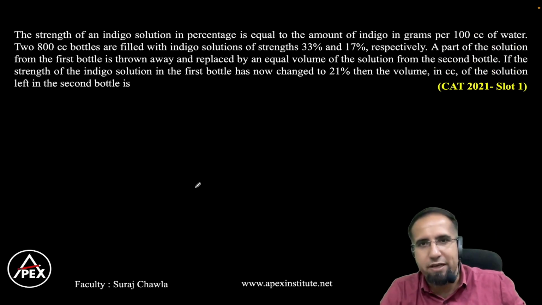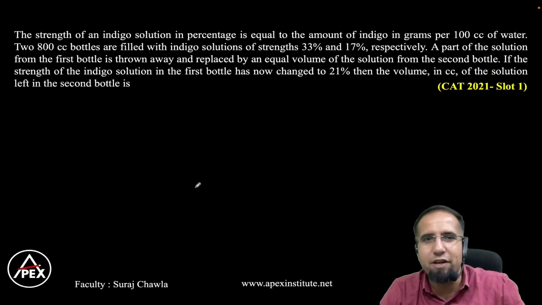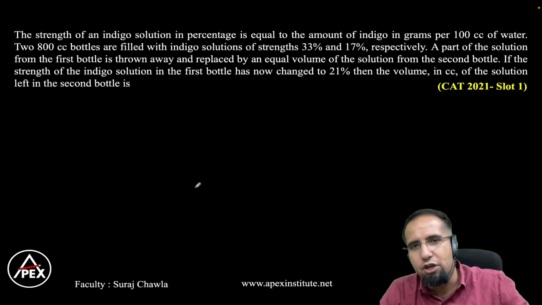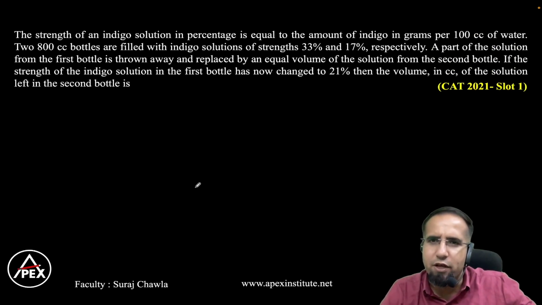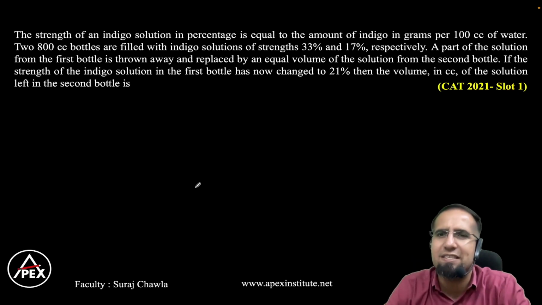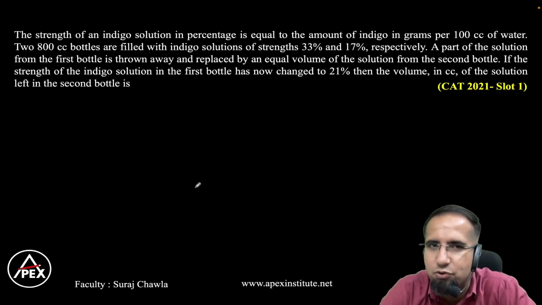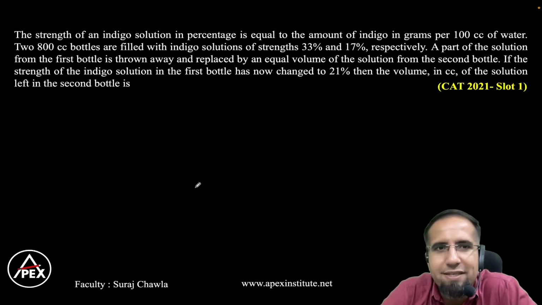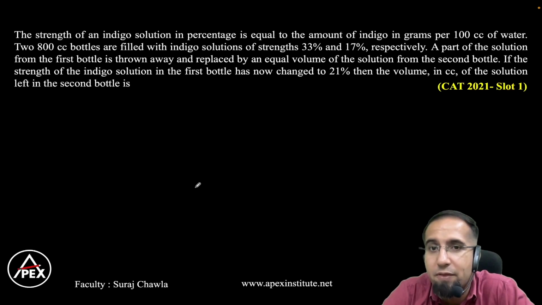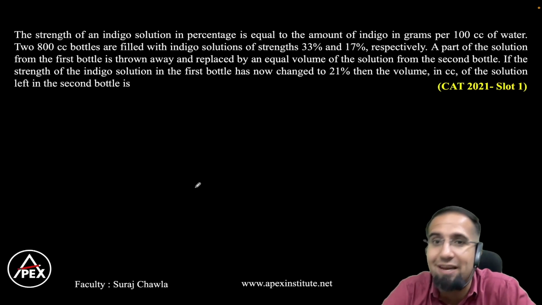Now let's look at this question, guys. Now this question says the strength of an indigo solution in percentage is equal to the amount of indigo in grams per 100 cc of water, which is simple, which is called percentage only. Now two 800 cc bottles are filled with indigo solutions of 33 and 17% respectively.